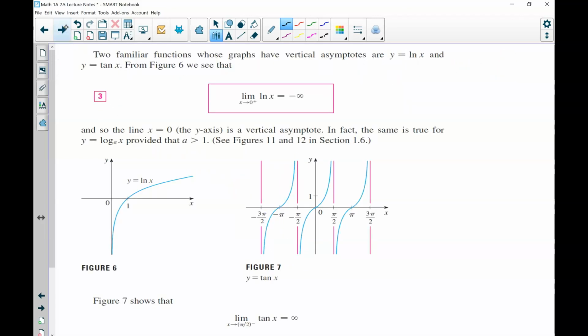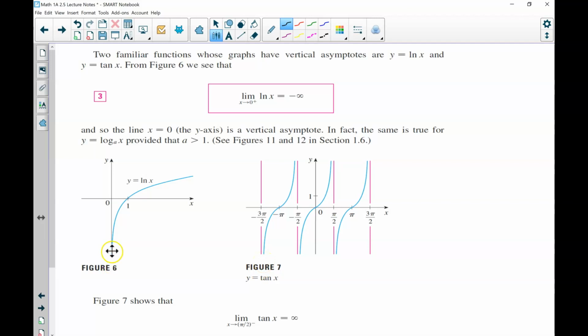Now there are two familiar functions whose graphs have vertical asymptotes, which are y equals the natural log of x and y equals the tangent of x. From the figure on your left, which is figure 6, we can see that the limit as x approaches 0 from the right is negative infinity.